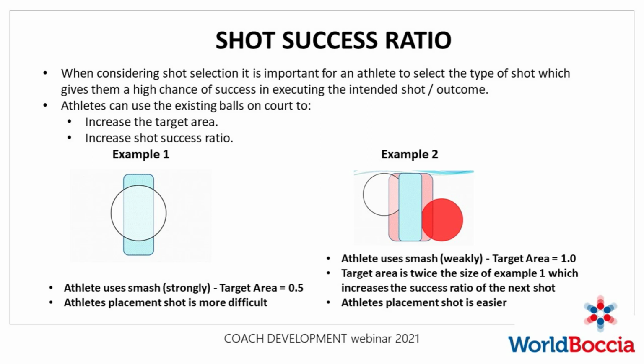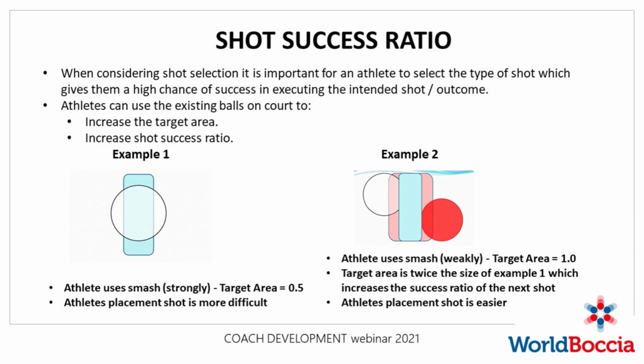We now move to example 2. In this situation, imagine an athlete has used a more controlled smash shot and has left the opposition ball in a position where it can now be used. We've increased our target area for our next shot to 1 full ball, and you can see that's indicated by the pink and blue shadow.